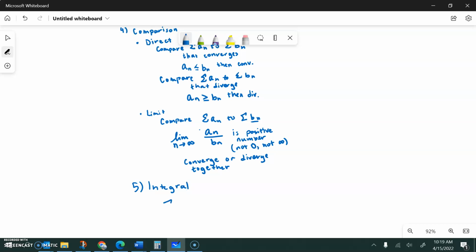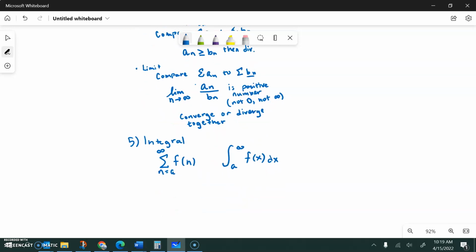So if I have a series that looks like a function that I know, and I know that I could integrate it, then I can do the integral test. And what we know from the integral test is that these two converge or diverge together. So if I do the integral and it diverges, then so does the series. And if I do the integral and it converges, then so does the series.